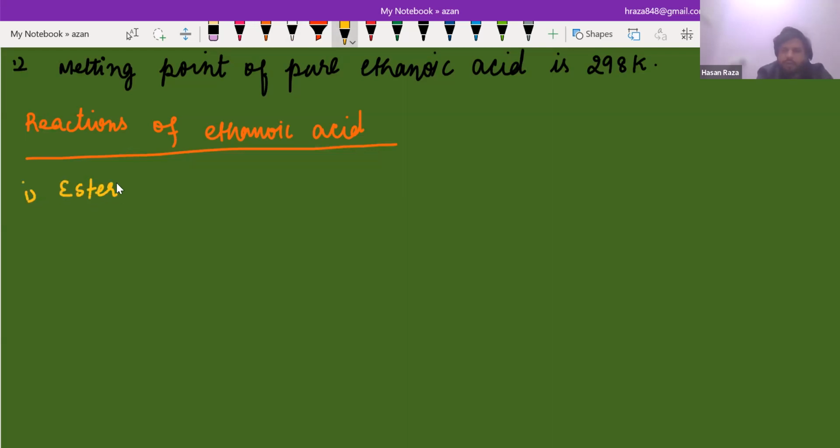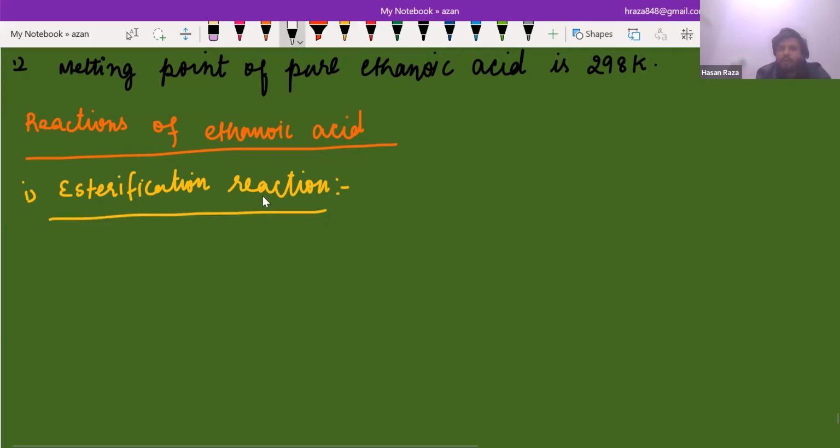Ester is also a functional group like carboxylic acid. The first reaction of ethanoic acid is the esterification reaction. That means in this reaction we prepare, or form, or produce ester. How are we going to produce ester, and what is this esterification reaction?